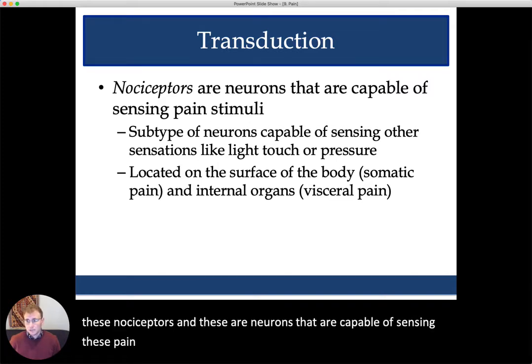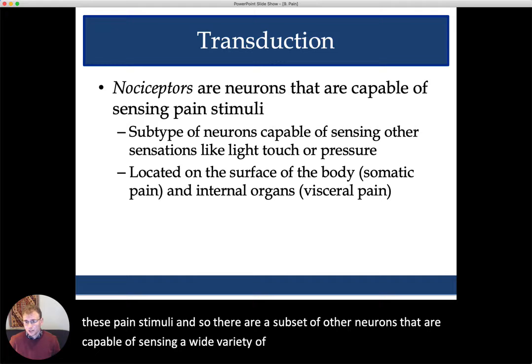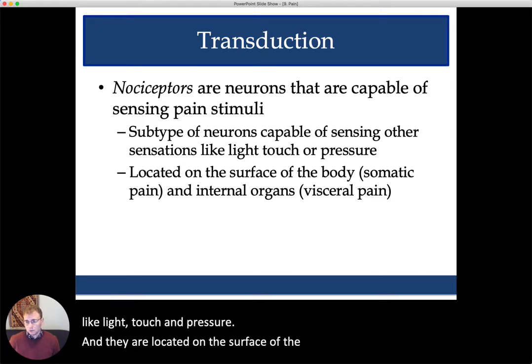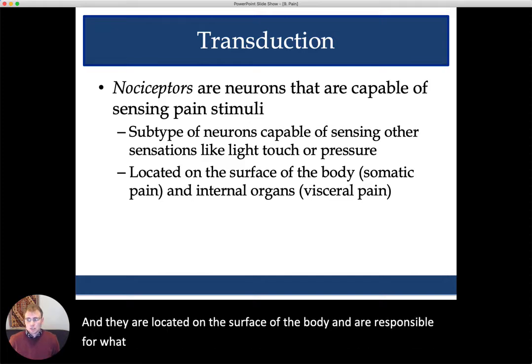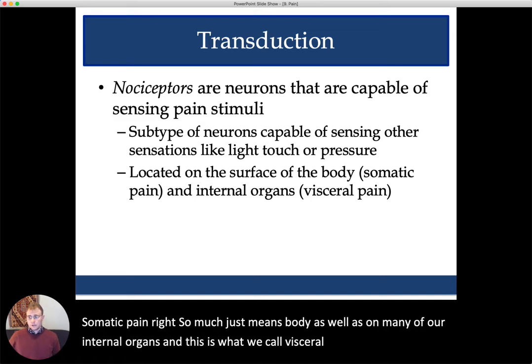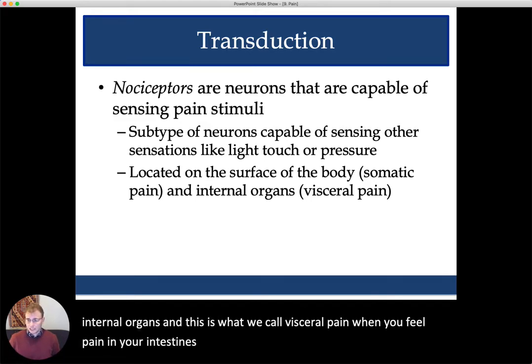They're a subset of other neurons that are capable of sensing a wide variety of sensations like light, touch, and pressure. They're located on the surface of the body and are responsible for what we call somatic pain. Soma just means body. They're also on many of our internal organs, and this is what we call visceral pain, when you feel pain like in your intestines or in your stomach, things like that.